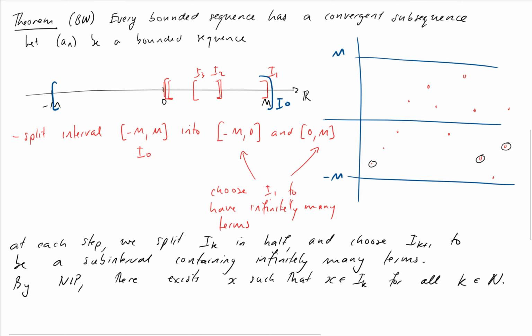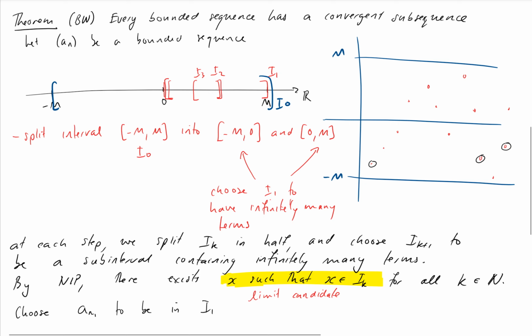Okay, so at the moment we've got our limit candidate. Let's just label that. What else do we need? And we're going to choose a_{n1} to be in I1.